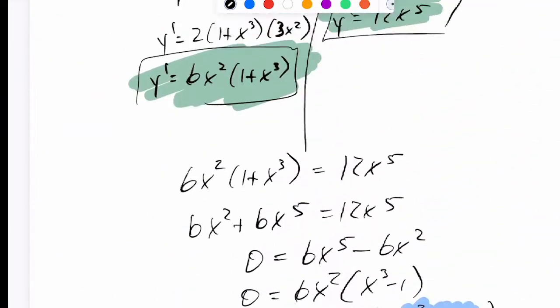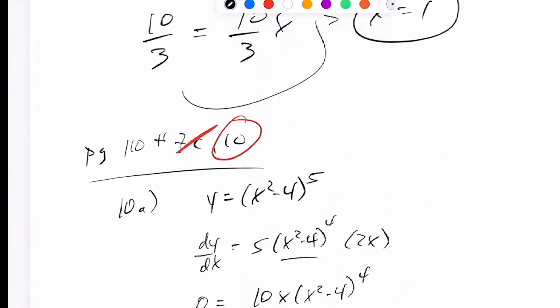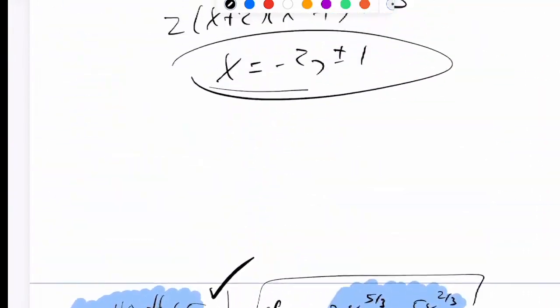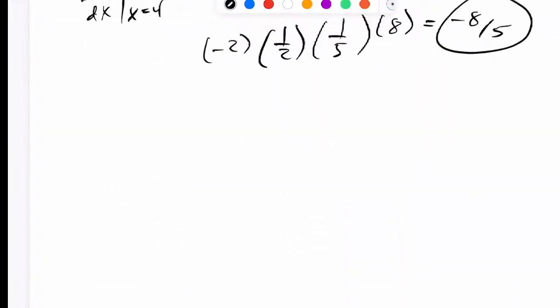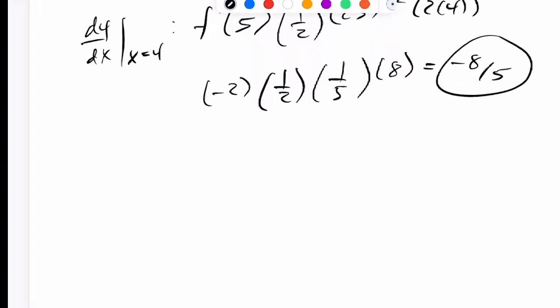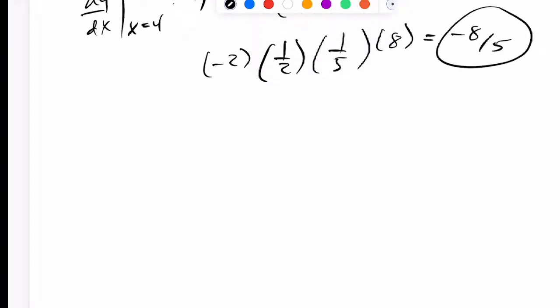Did I just do 23? Oh, what the heck is 23? Oh, 112. Oh, I got it. Okay. No, I did 23C. I have not done 23A.